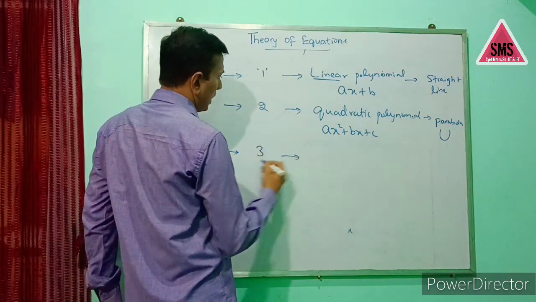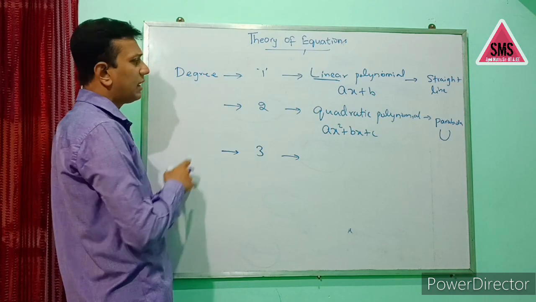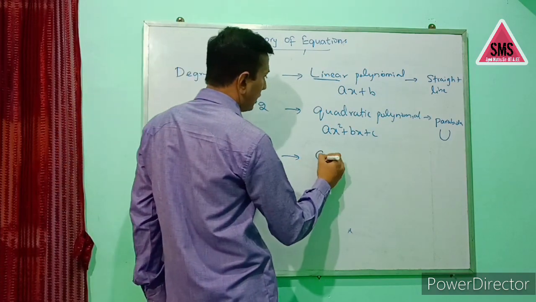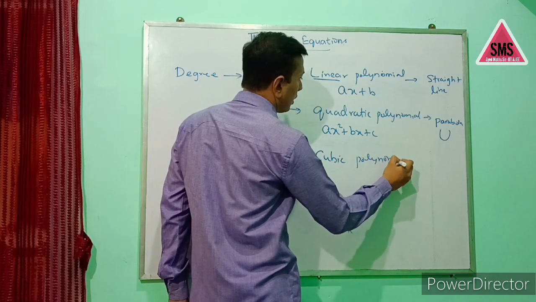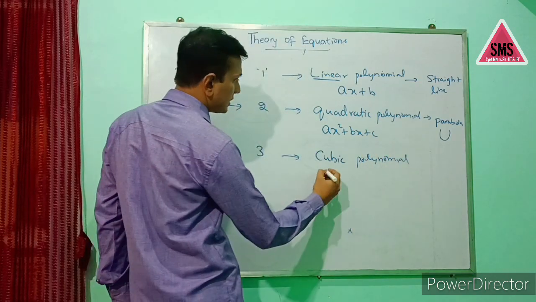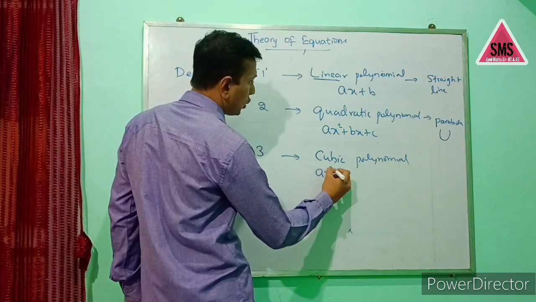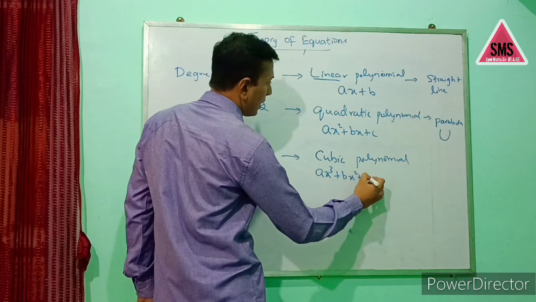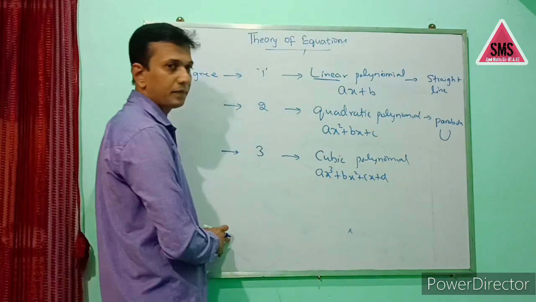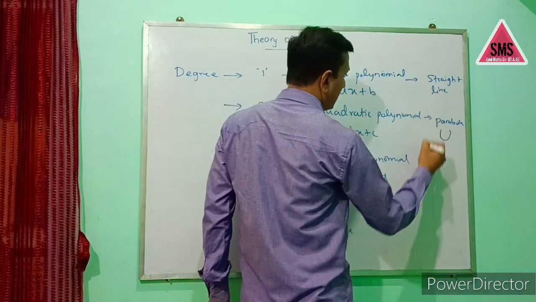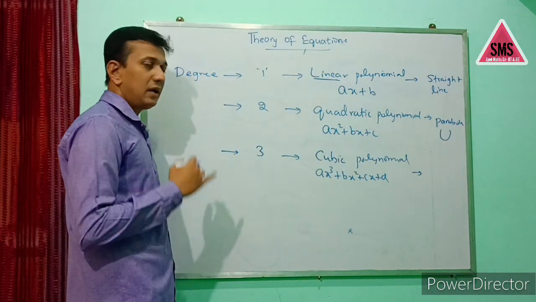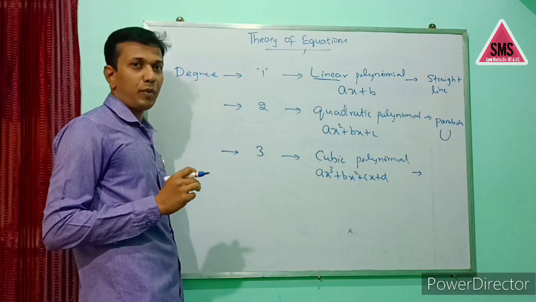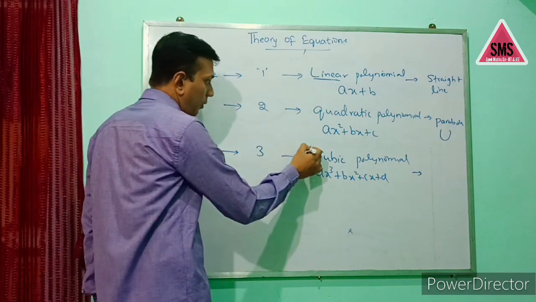If the degree of the polynomial is 3, then it is called a cubic polynomial. What is the general form? Ax cube plus bx square plus cx plus d. What will be the curve? The curve will touch the x-axis at 3 different points. Very important point.